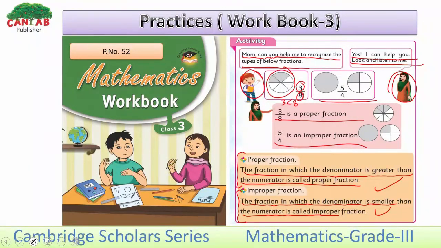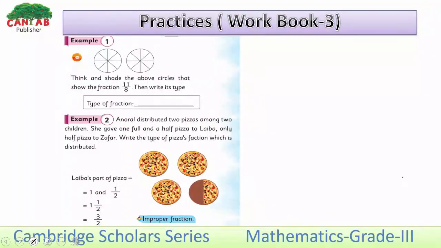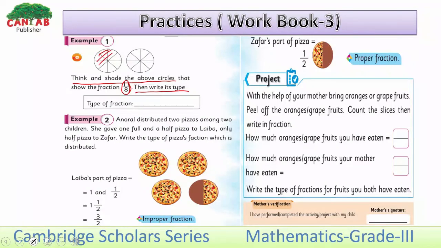Students, now come to the next page. This is an example. Solve it by yourself. Part A. Think and shade the above circles that show the fraction 11/8. Then write its type. How many parts does each circle have? 1, 2, 3, 4, 5, 6, 7, 8.